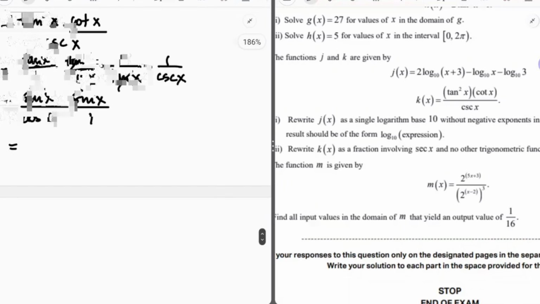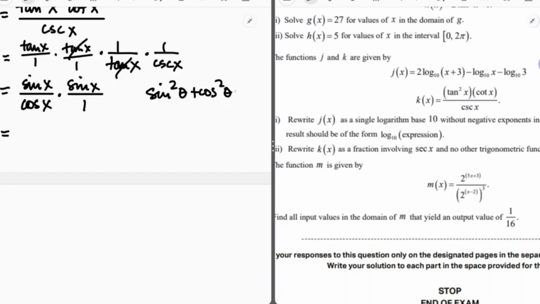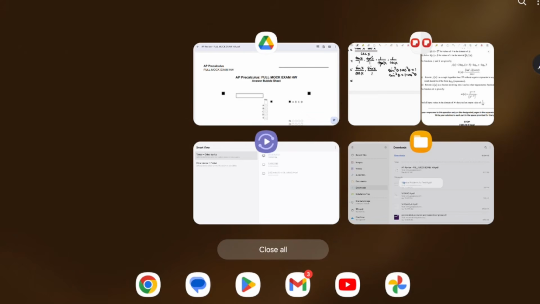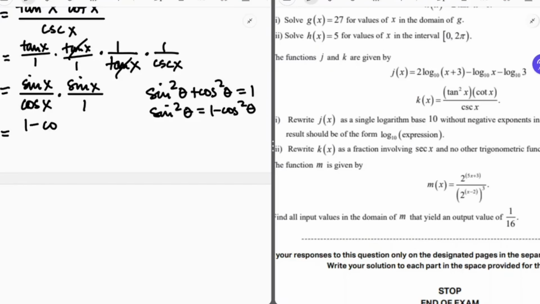So we know that sine squared theta plus cosine squared theta equals 1. So sine squared theta is going to equal 1 minus cosine squared theta. In our case, where I've got this sine squared x, I'm going to replace that with 1 minus cosine squared x, divide that all by cosine x.